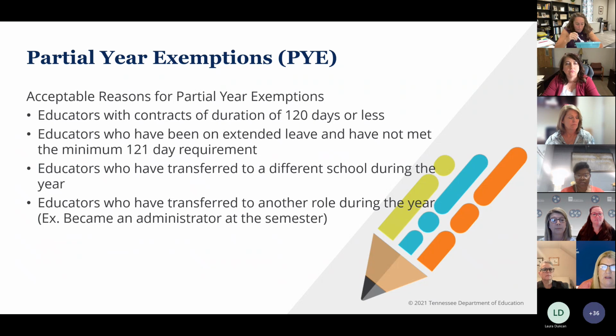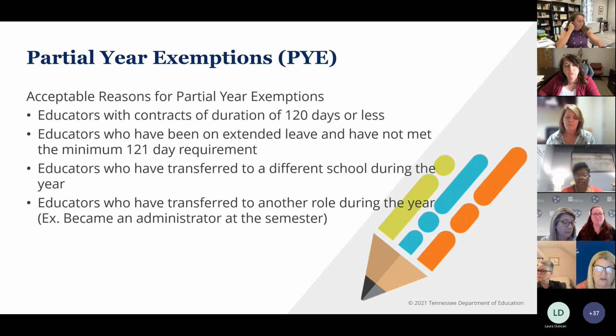Partial year exemptions, we talked about this a couple of months ago. Acceptable reasons for partial year exemptions are contracts, educators who have a contract for 120 days or less. They've been on extended leave or have had lots of absences. They don't meet the 121-day requirement.